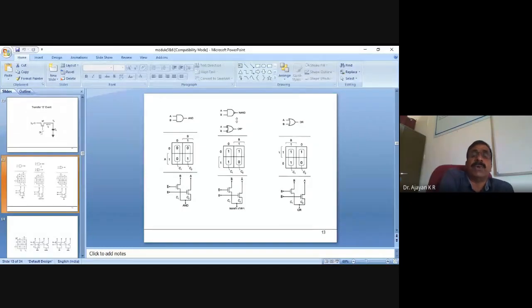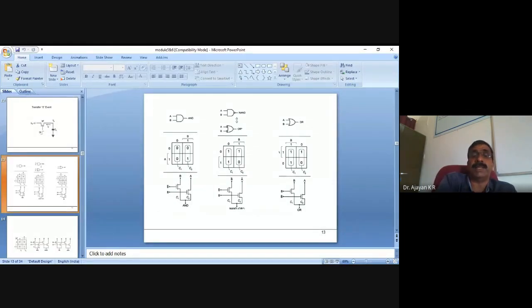So now we want to discuss how to implement different logics in pass transistors. The simple method that normally we are following, as I told yesterday, is that we can express the truth table as a function of input. Or the other method that people normally follow is to draw the K-map. In the K-map, we can identify the cases for B equal to 0 and B equal to 1.